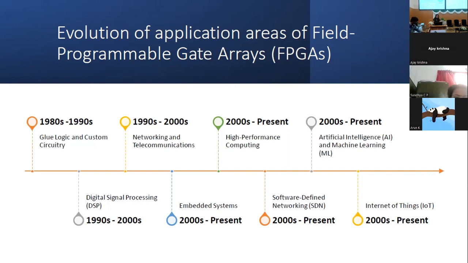Then later we started using it for digital signal processing and network communication. From 2000 onwards, we are using FPGA for high performance embedded systems, then SDN, software defined networks, AI and IoT. So FPGA has this much importance.